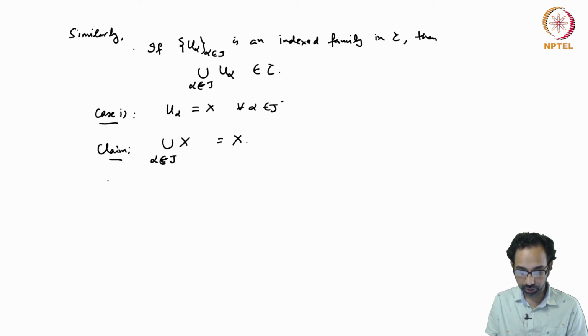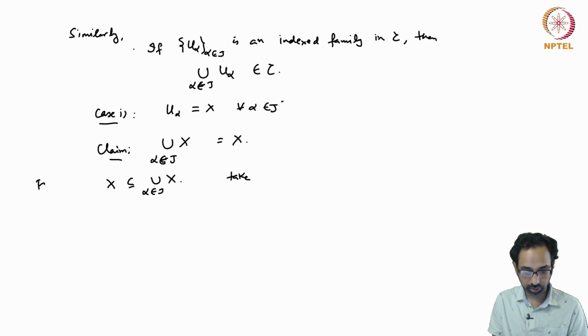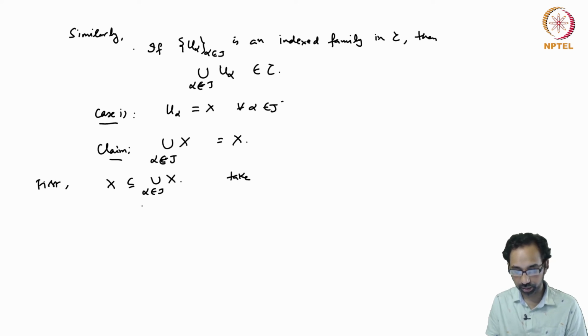So first I will show that X is a subset of this union. For this, take any small x in X, and then we have to show that this x belongs to this union.